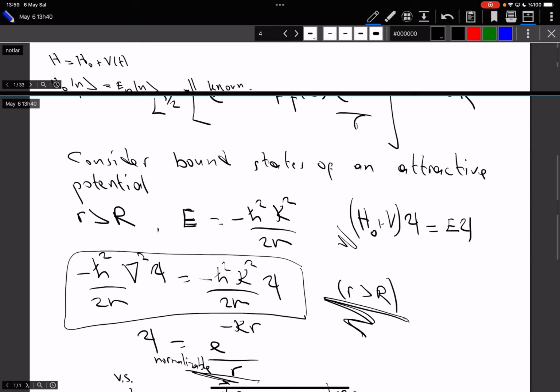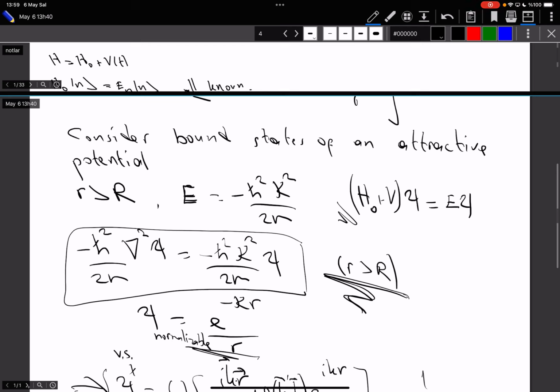I'm trying to find the incoming wave becomes a bound state. No, I mean, forget about the incoming wave in this problem. Now, in this case, I have a potential. Forget about scattering theory for the time being. I have a potential. I'm asking myself the question, what are the bound states of this potential?